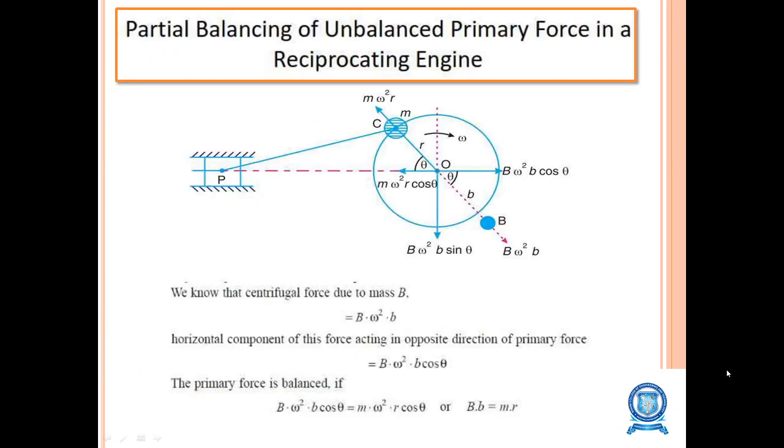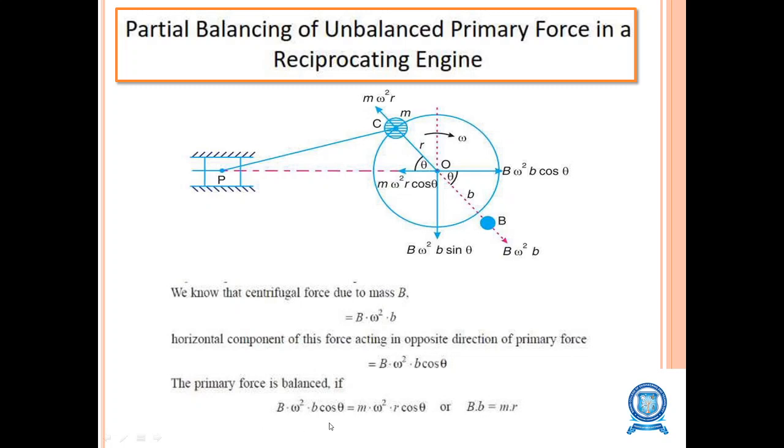The partial balancing of unbalanced primary force in a reciprocating engine is given as follows. We know that centrifugal force due to mass B is B omega square small b from this diagram along this direction, and the horizontal component is B omega square b cos theta, and this is the vertical component.